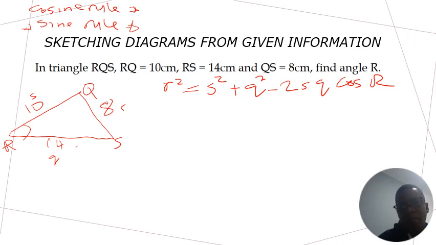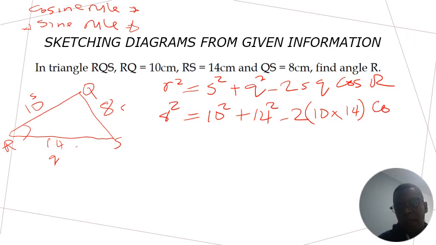So let's put up our figures. Here, r is given as 8 squared, s is given as 10 squared, plus q is given as 14 squared, minus 2 in bracket. Our s is 10 times our q is 14, then cos r.